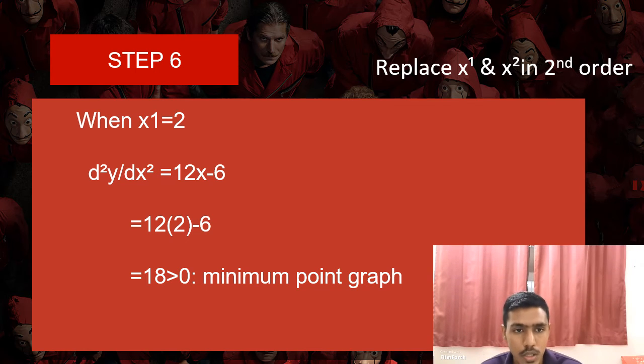The next step is to replace x1 and x2. When x1 equals 2, we replace x with 2. d squared y over dx squared equals 12x minus 6, which equals 12 times 2 minus 6, which equals 18, greater than 0, the minimum point of the graph.